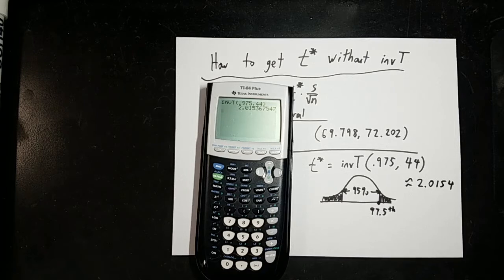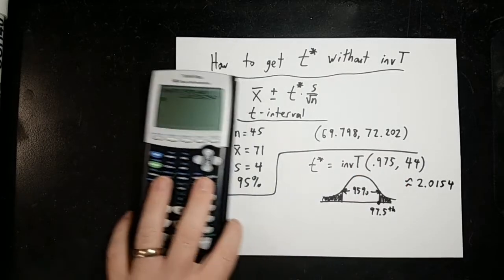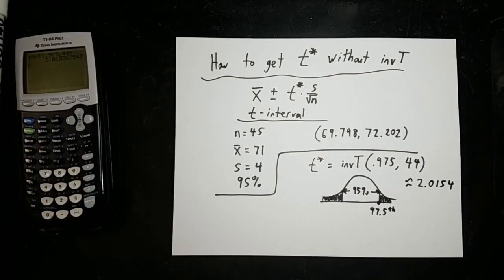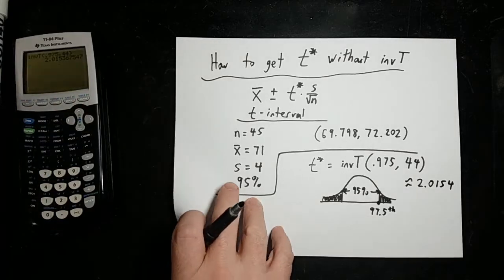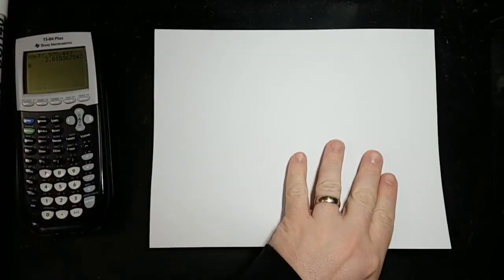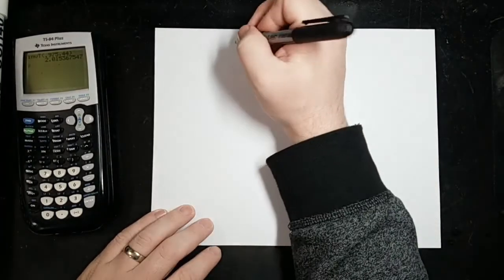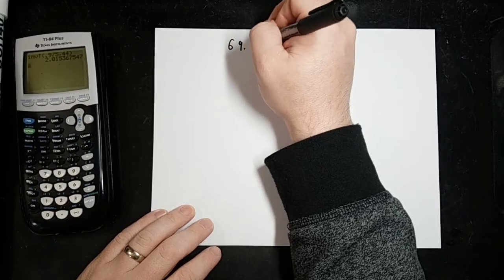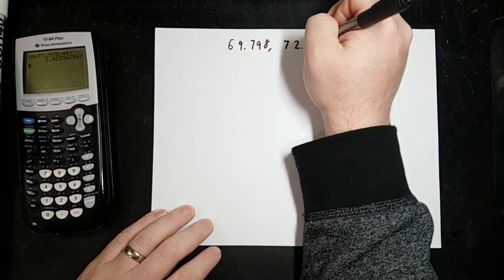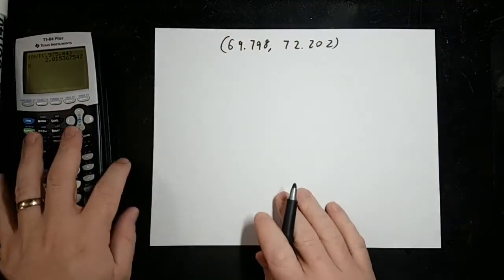Now, there is a way to calculate t star by working with the interval backwards. If you were able to calculate the t interval, then you can easily work backwards to get the margin of error, and then, of course, the t star. 69.798 to 72.202.